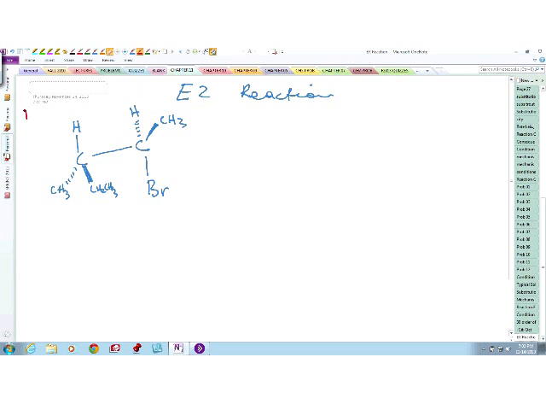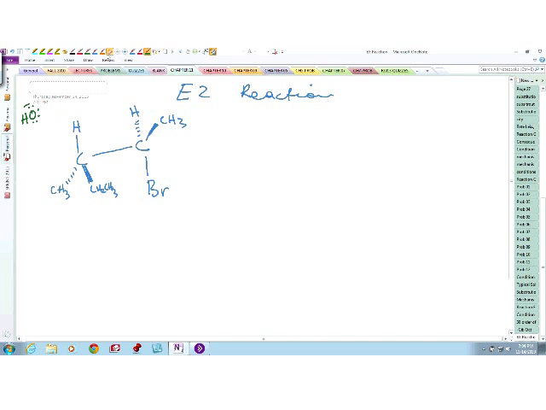Of course, the base is here somewhere. Let us say we are using hydroxide as a base.